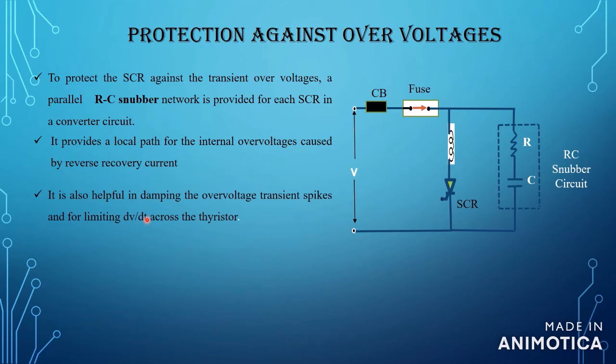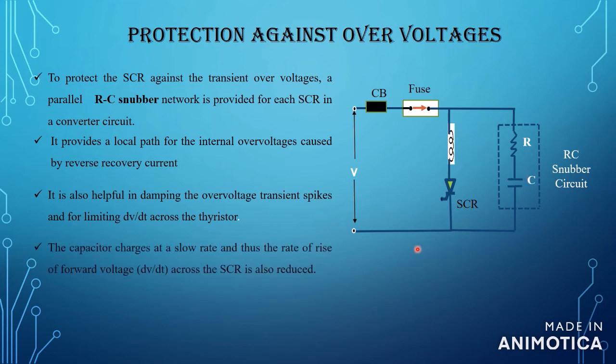Okay. So in addition to the suppression of internal over voltages, it is also helpful in damping the voltage transient spikes and also limiting the dV by dt across the thyristor. So here the capacitor which is used in this RC network has a slow rate of charging.